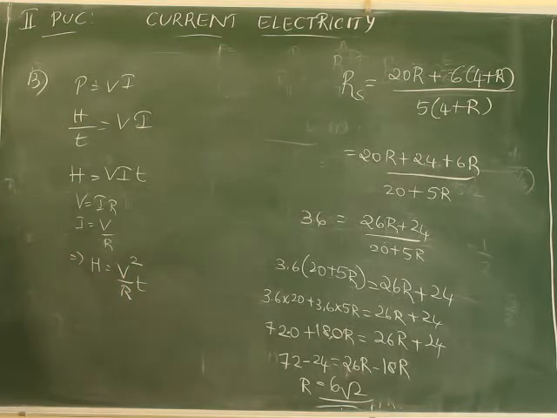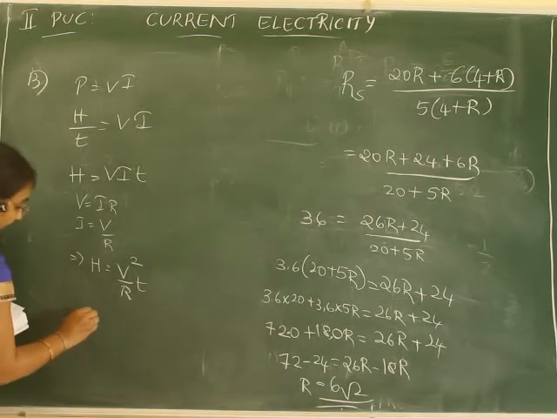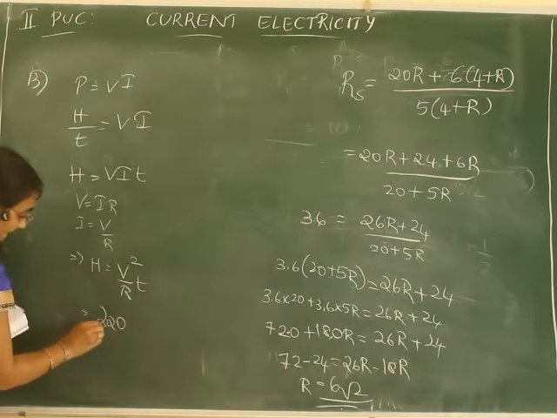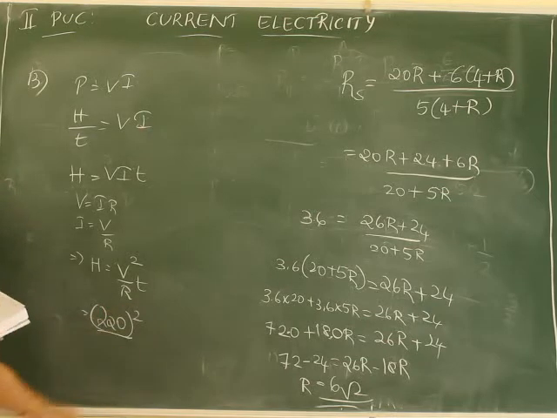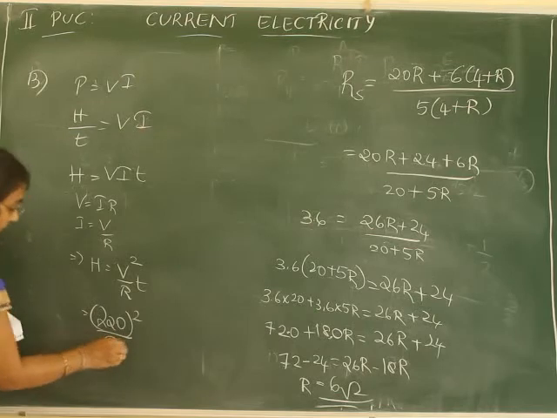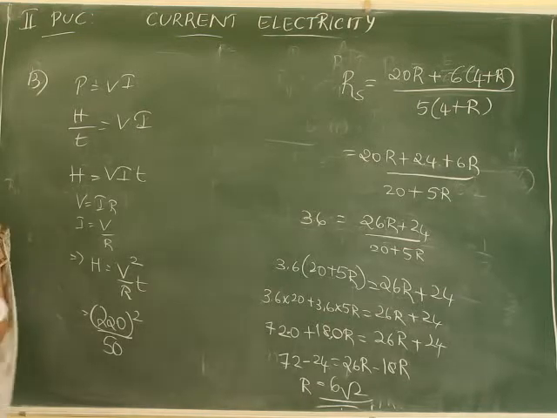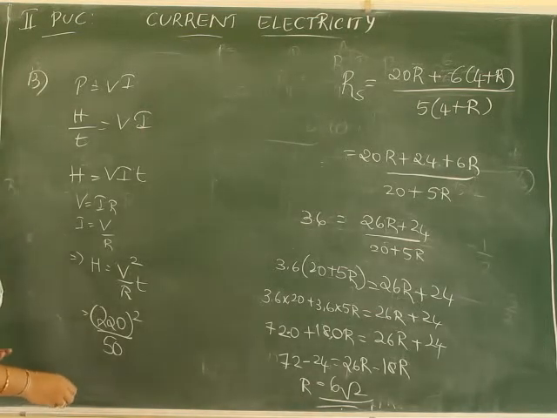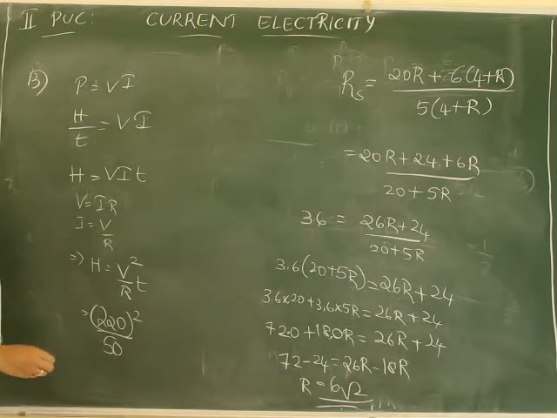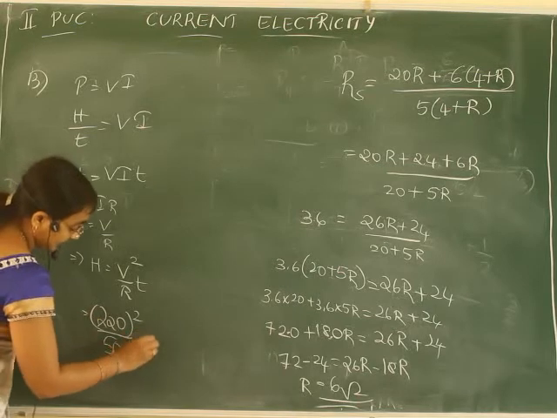Correct? What is V? V is nothing but 220 square. R is how much? 50. Time T is equal to 5 minutes, it is given. 5 minutes means how many seconds? Can you please convert? 5 minutes means 6 5s are 30, so 300 seconds, correct?